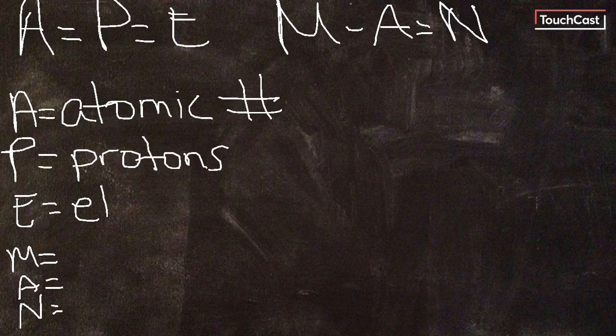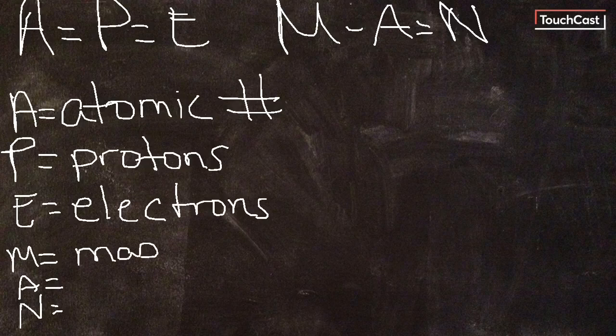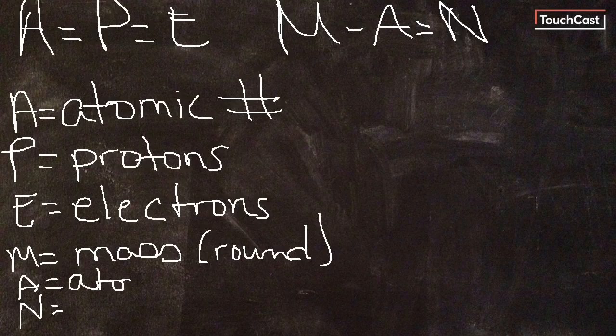E is going to be your electrons. And M is going to be your mass. And you always want to remember to round that mass. Round it first. A again is atomic number. Sorry for the clicking noise. And your N is going to be your neutrons.